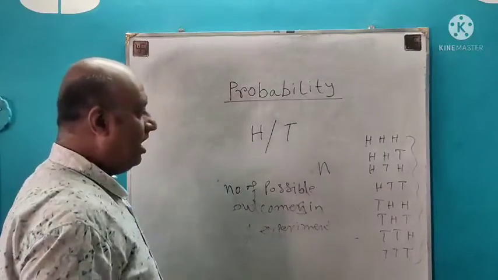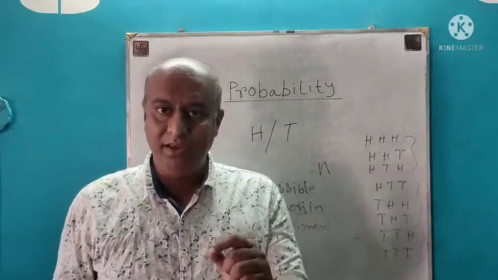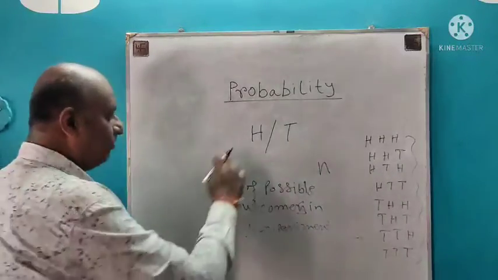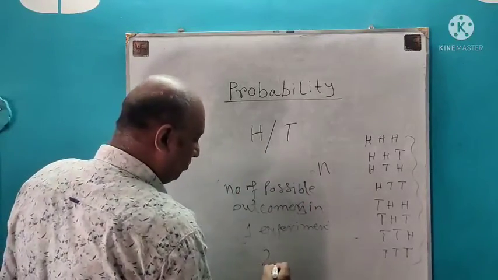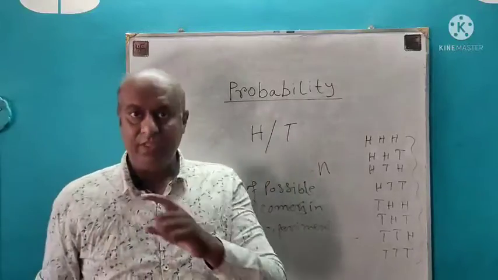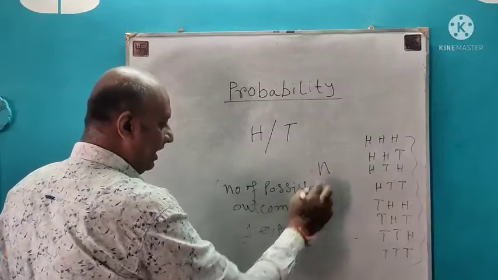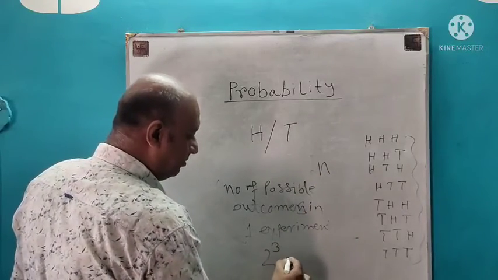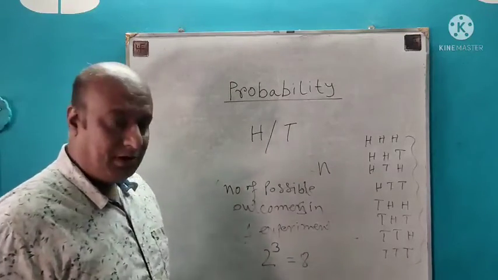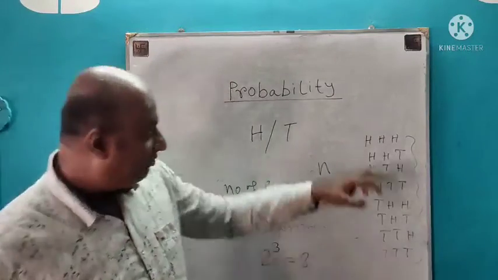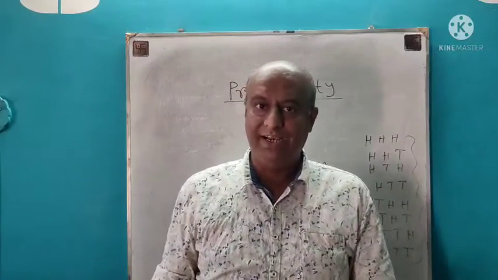N represents how many times we are repeating the experiment. So when we are tossing a coin, we have 2 possibilities in one experiment, and we are repeating 3 times, so it will be 2 to the power 3. It will give me 8 possible outcomes. So we have got 8 different possible outcomes. That means we have drawn the sample space correctly.